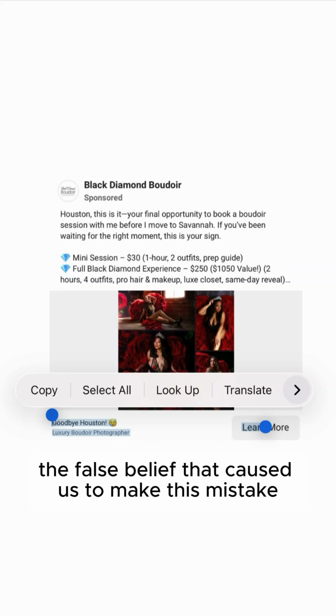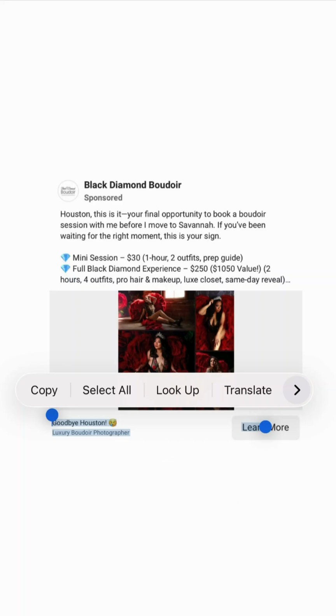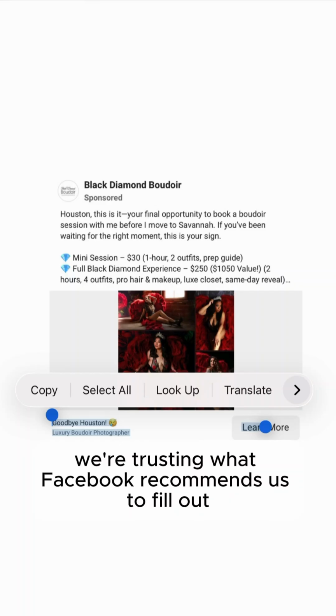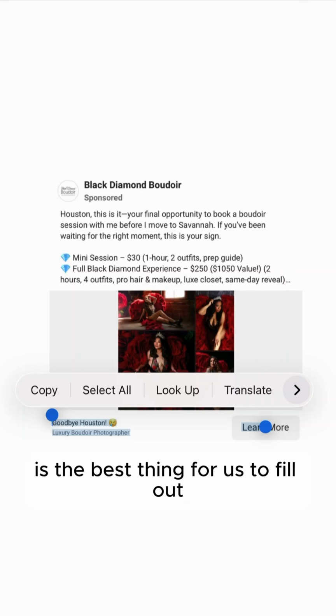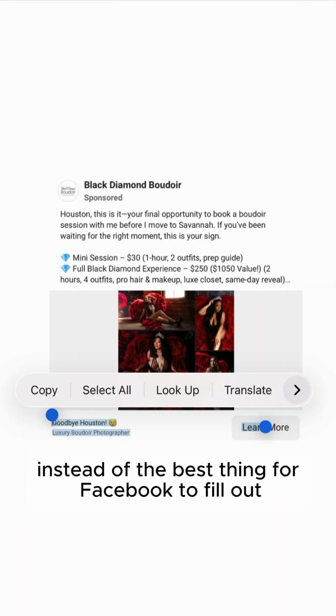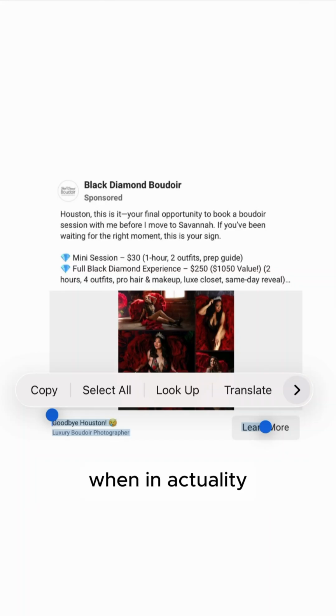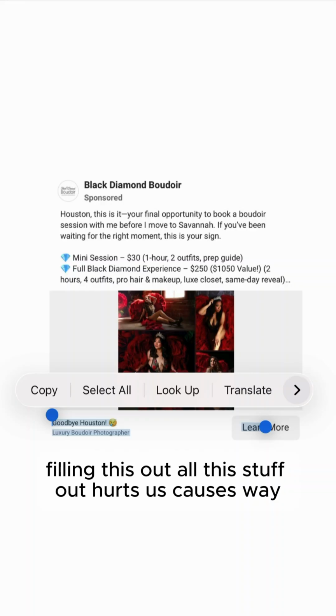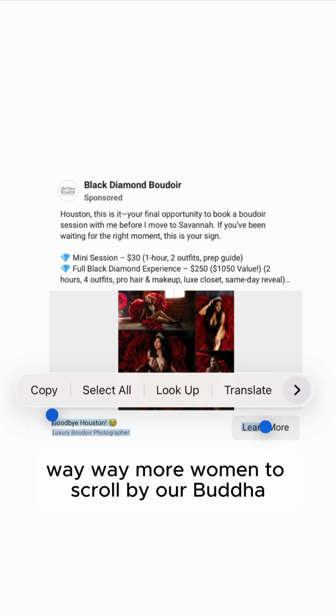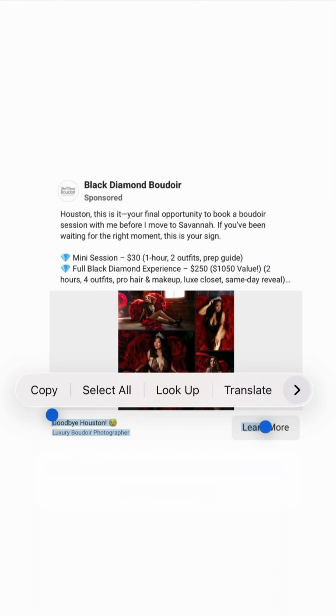So the false belief that caused us to make this mistake is that we're trusting that what Facebook recommends us to fill out when we create our ad is the best thing for us to fill out, instead of the best thing for Facebook to fill out. When in actuality, filling all this stuff out hurts us, causes way, way more women to scroll by our Boudoir Facebook ads than necessary.